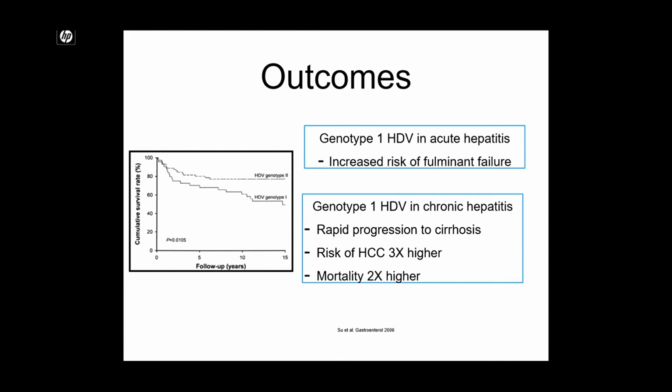Genotype 1 has been shown to have an increased risk of fulminant failure. In patients with chronic hepatitis, it was also associated with rapid progression to cirrhosis, a risk of hepatocellular carcinoma 3 times higher, and mortality 2 times higher. So genotype 1 could portend a poor prognosis. And genotype 1b is actually the most common from the different studies. So this genotype is prevalent here in Africa.